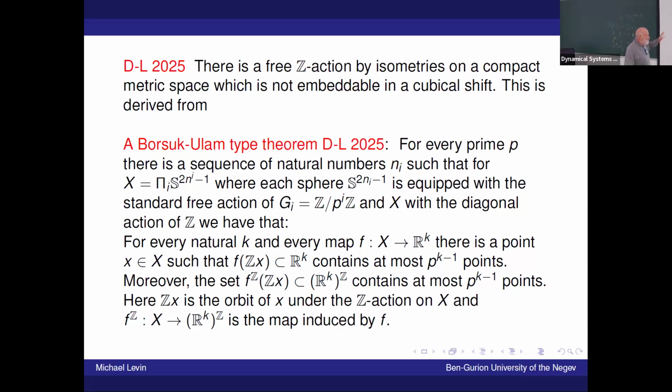I believe it's possible to skip the direction that the main theorem implies the result about embedding. It's simple. There is nothing big here.